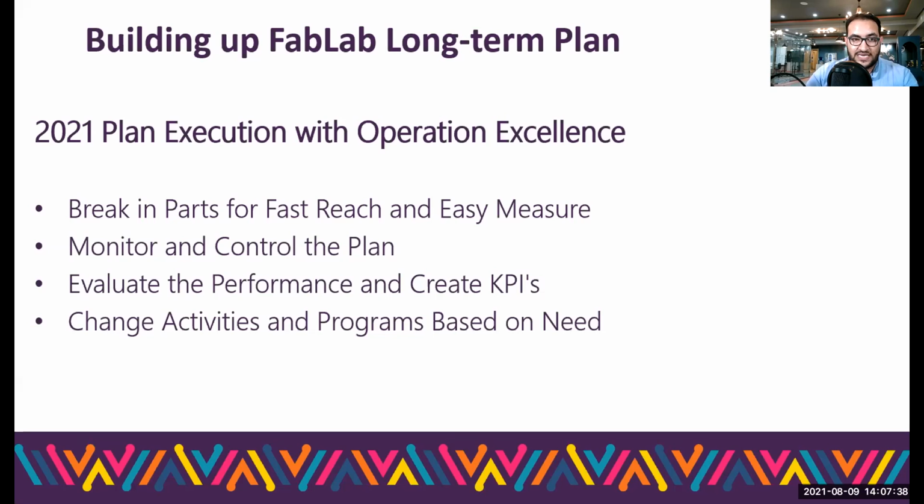And we can see here, we break the parts and the paths into small parts to reach these items faster. We have a weekly meeting and monthly meeting, and at the end of every quarter, we have a meeting to measure our performance and have a KPI to see if we are reaching our plan or not.